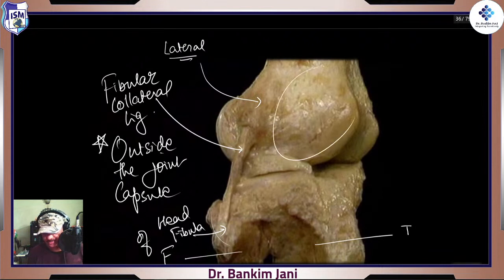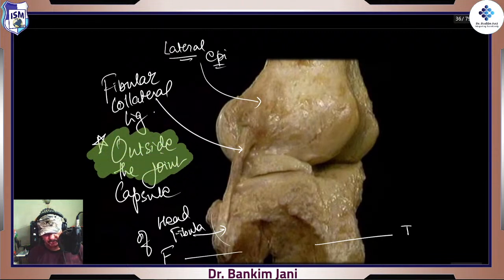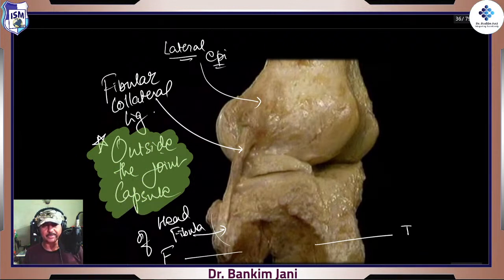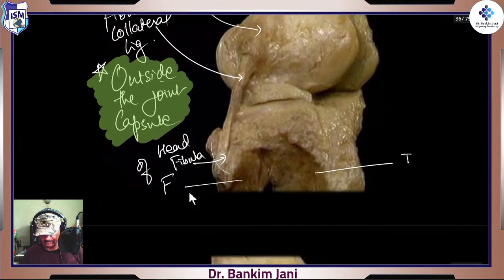This one is the condyle, so we can say this is the lateral epicondyle. Done, attachment. But this part is important, which others would forget. You should not. It is outside the joint capsule. Do remember, right? See, it is not blending, completely separate.